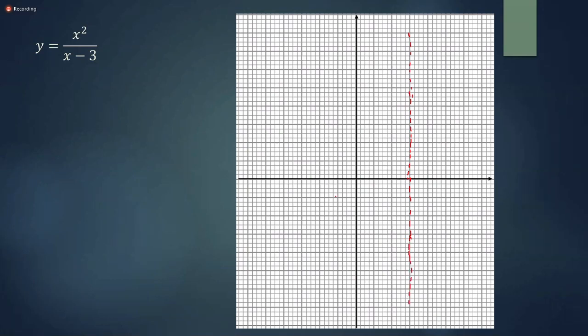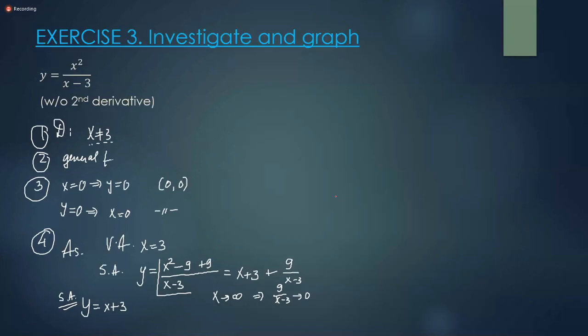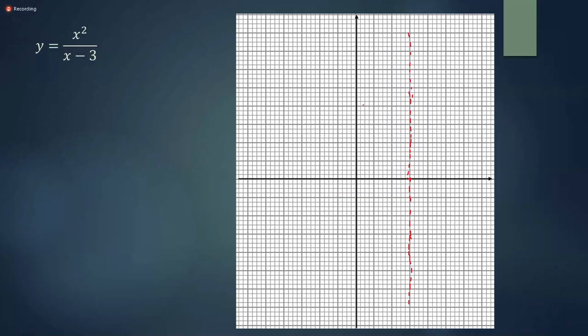Then we had the slant asymptote, which was y equals x plus 3. Okay, x plus 3, let's say this is 3, this is 3, this is 1, this is 0. So marking the scale, definitely, because otherwise we have problems. So x plus 3, that will be this line.